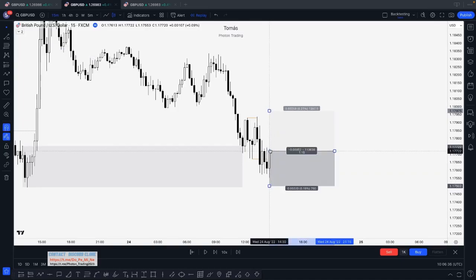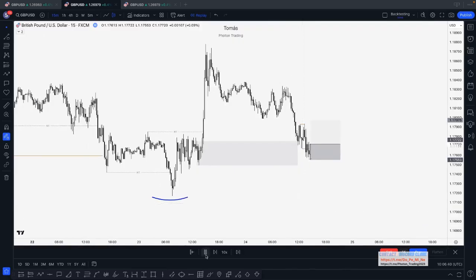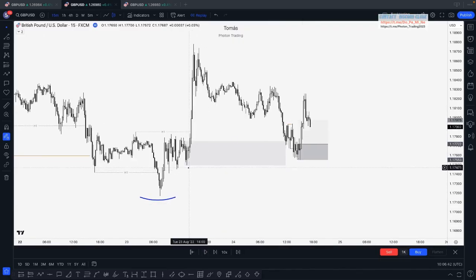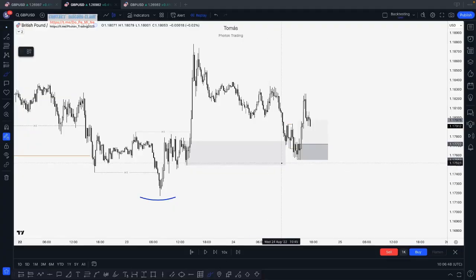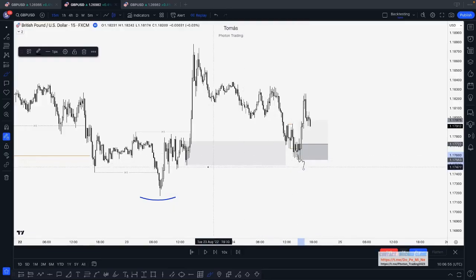Okay, when do I stop? I stop when price fails, when the medium time frame POI fails even by a weak break. Imagine that price is going down and the supply and demand breaks weakly, right? Then I stop.